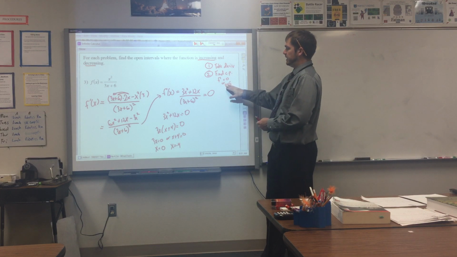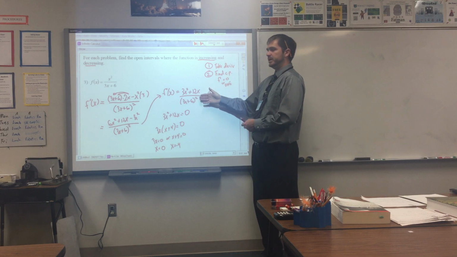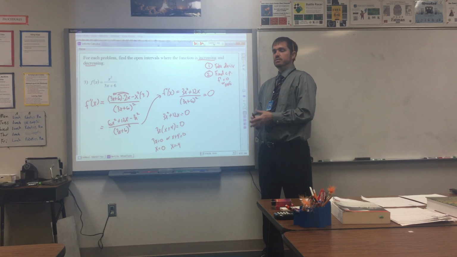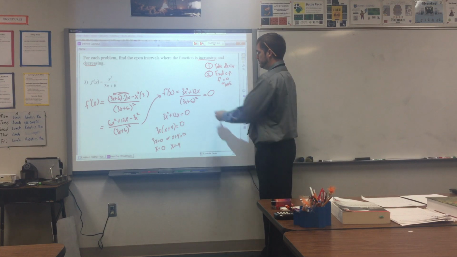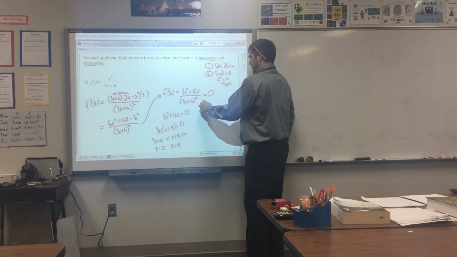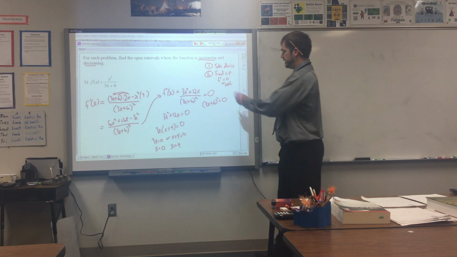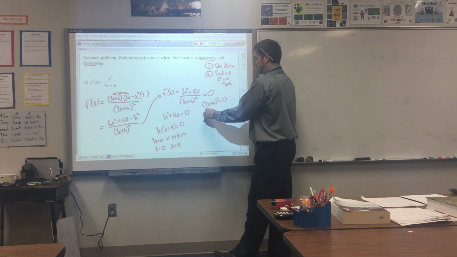The other thing I need to figure out is where does the function not exist? Is there any situation with rational functions where the function doesn't exist? When the denominator equals 0. So when (3x plus 6) squared equals 0, I take the square root of both sides, that's just 3x plus 6 equals 0.